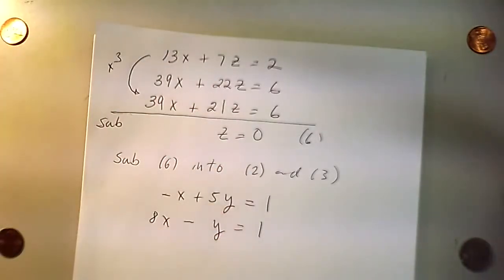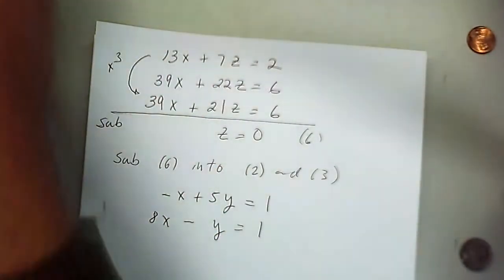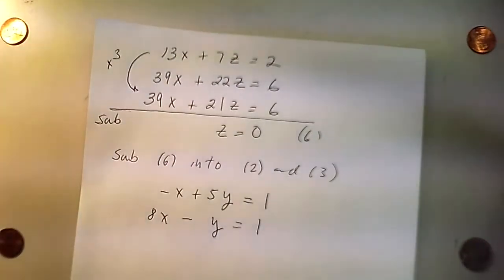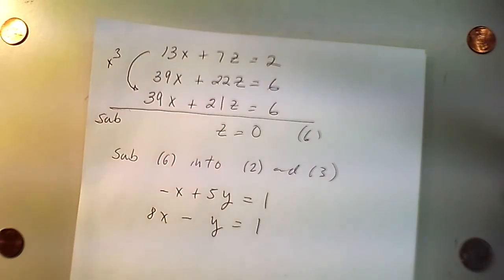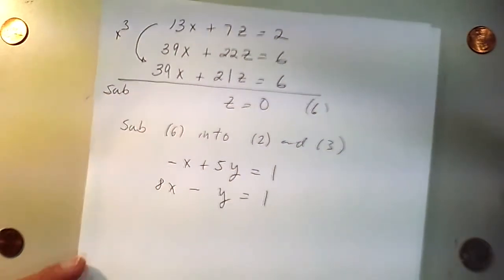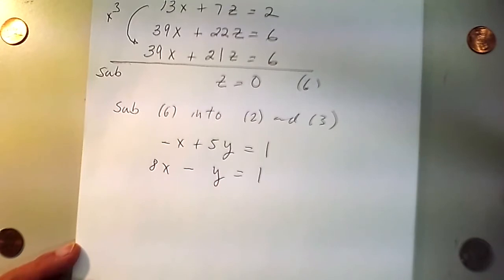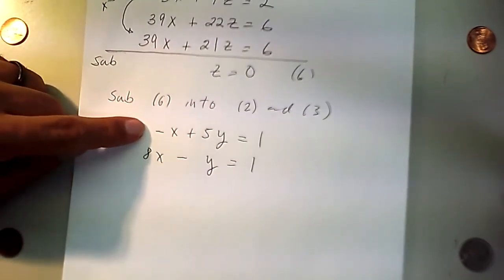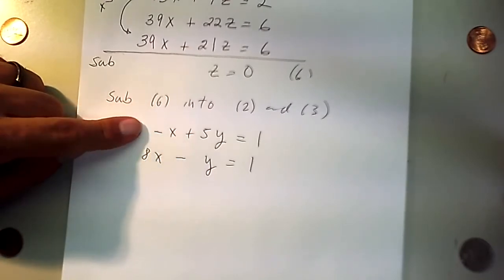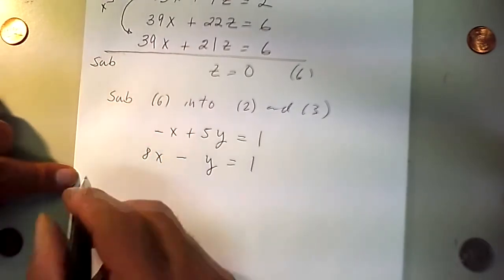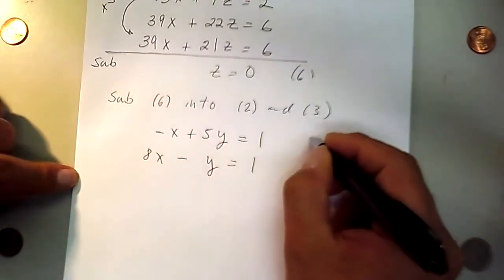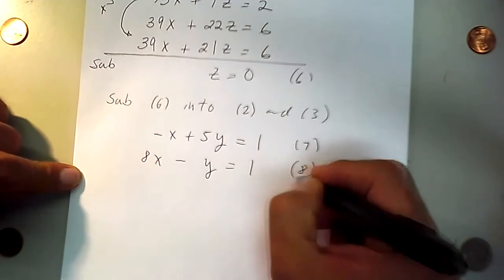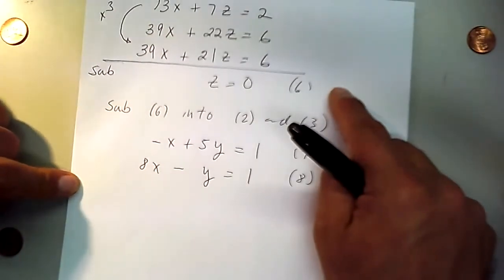Okay, so now we got a new problem, which we're going to solve for by elimination. The reason why I prefer elimination is because of the fractions. There's going to be fractions, I can tell, that are going to show up. So multiply the first equation by 8. So let me label this equation as equation 7 and 8, because the last equation was 6.